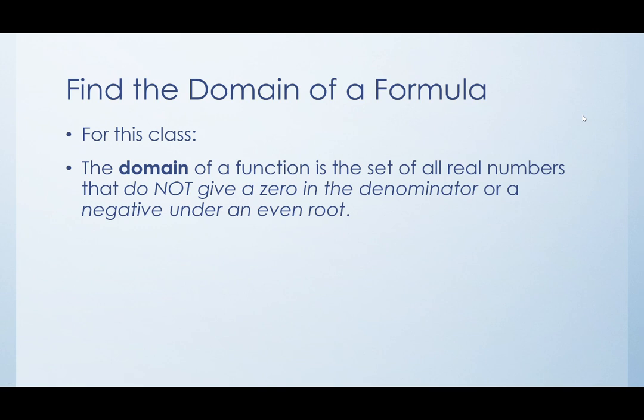So we've talked a little bit about domain of a function, kind of informally. In this class, and in basically most of your math classes, unless you become a math major and get all into crazy math, the domain of a function is the set of all real numbers that do not give a 0 in the denominator or cause a negative under an even root.